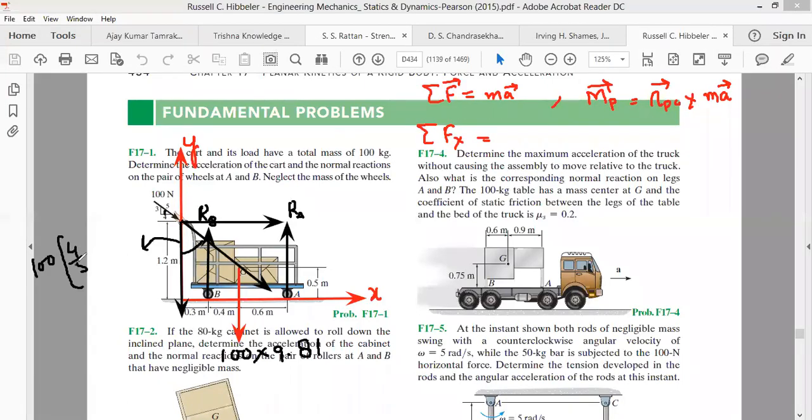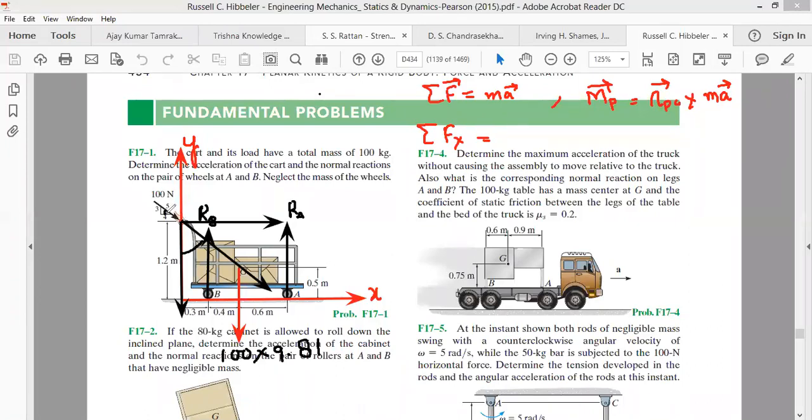This is one component of the force. I'm not drawing the angles here properly. In this right angle triangle, the force of 100 Newton is acting in this direction, subtending some angle with respect to the base.